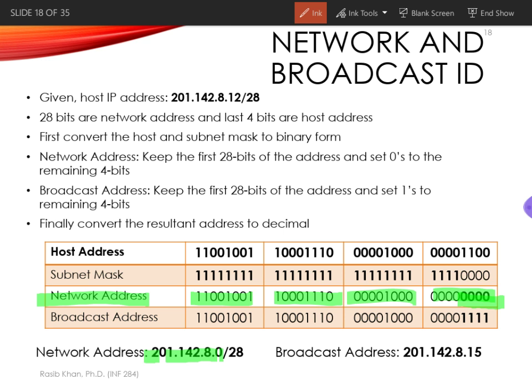And next, for the broadcast address, we set the last 4 bits in the host ID part to ones, and if we calculate the whole thing, it converts to 201.142.8.15.